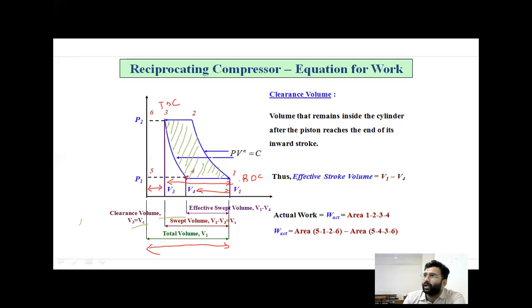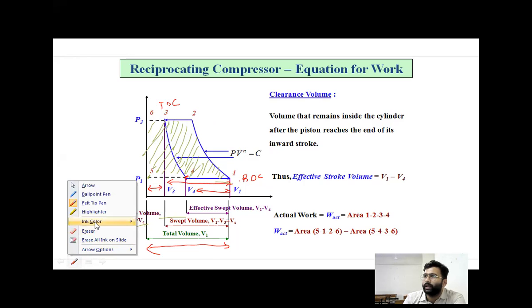Okay. How to calculate this indicated power? First calculate this area, 5 to 1 to 2 to 6. You calculate this big area. So calculate this big area 5 to 1 to 2 to 6 to 5, minus 5 to 4 to 3 to 6. The area which has to be deleted, I will ink with another color.